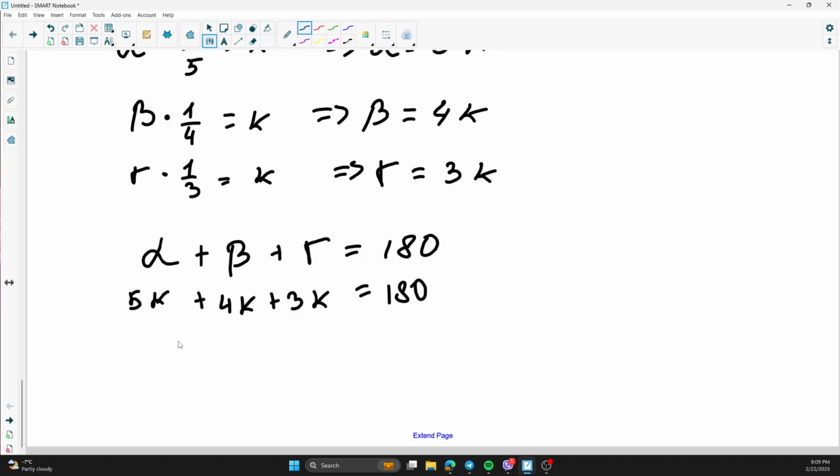Above we had a fraction, but now you can just add all of them. 5k plus 4k will be 9k, and then 12k. 12k equals 180, which means k will be equal with?